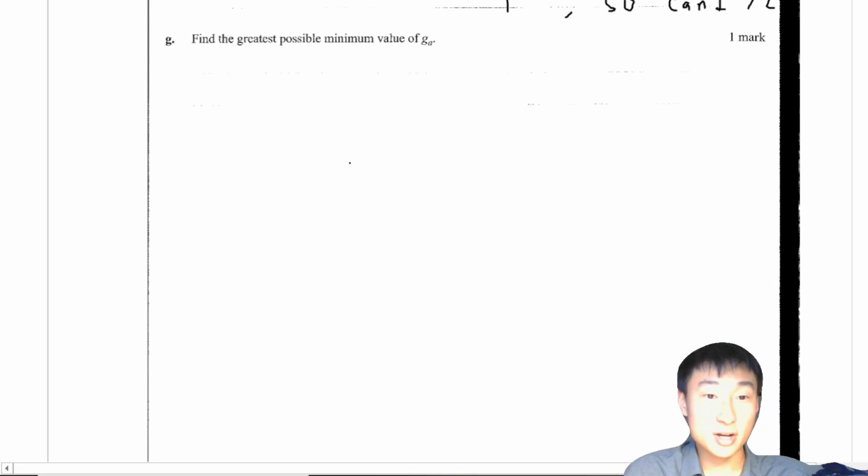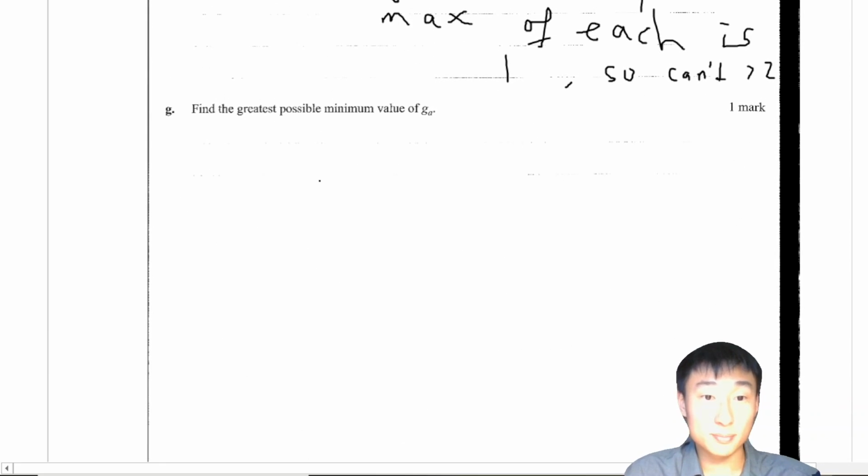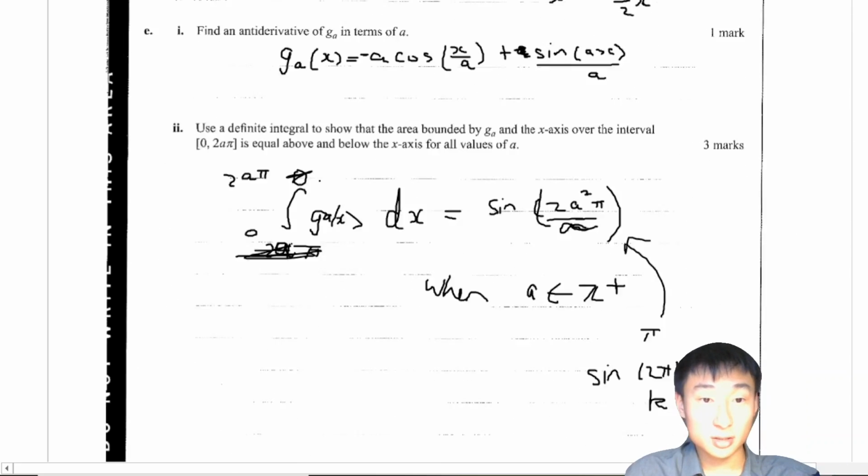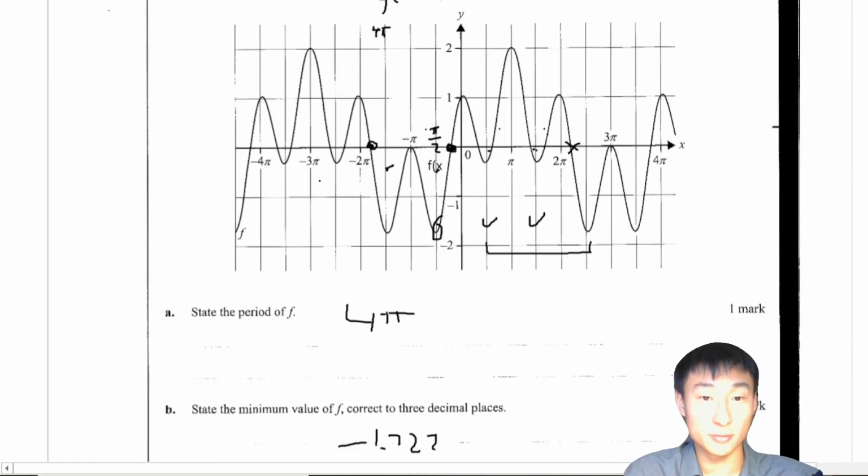Okay. Find the greatest possible minimum value of GA. So the highest possible minimum value.